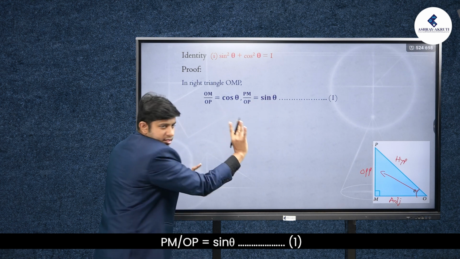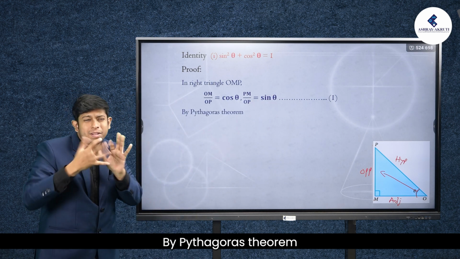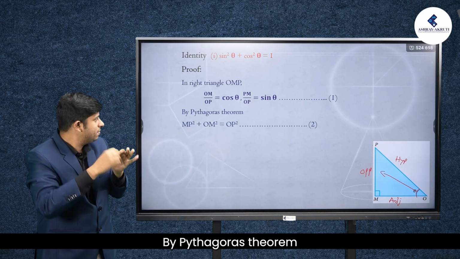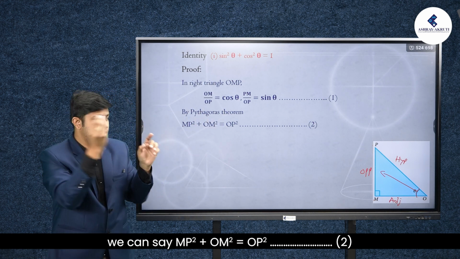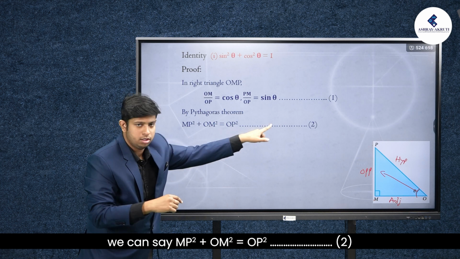Consider it as equation 1. By Pythagoras theorem, we can say MP square plus OM square is equal to OP square. Consider it as equation 2.